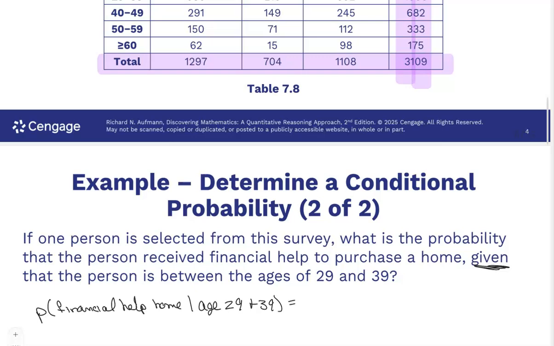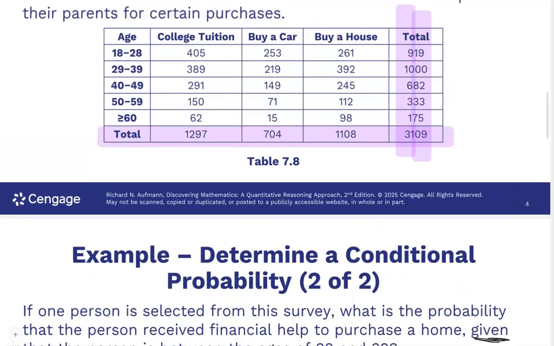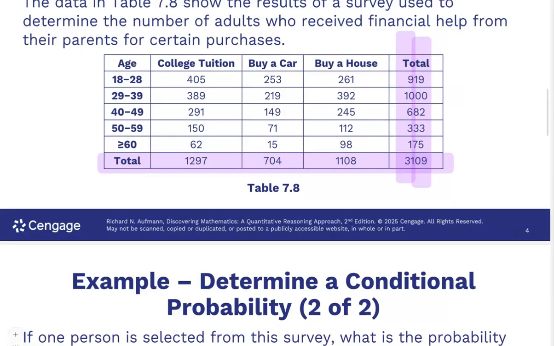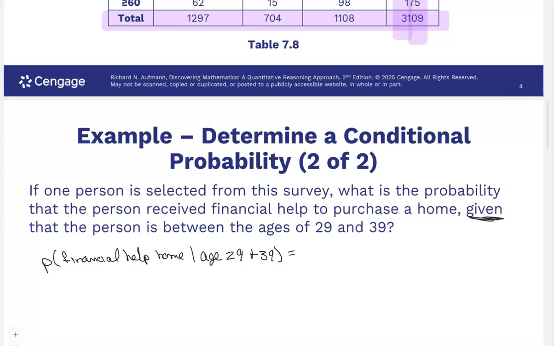We need to find the probability that both happen, so that they're this age with that help. So 29 to 39, we had 392 out of that 3109.